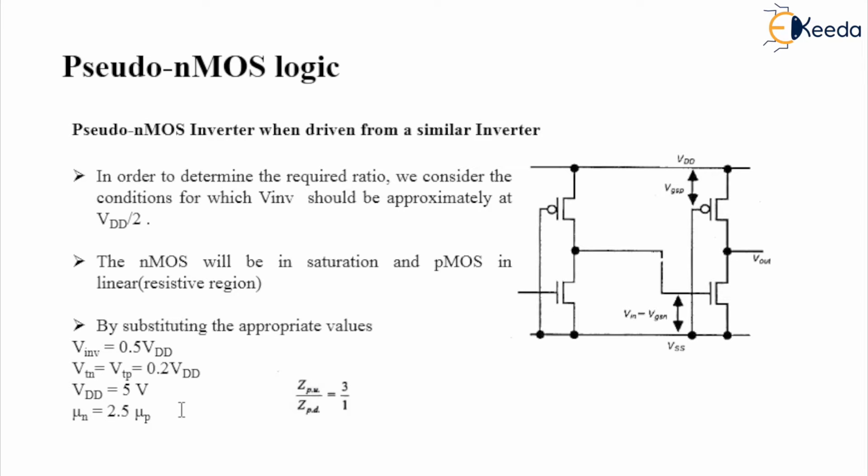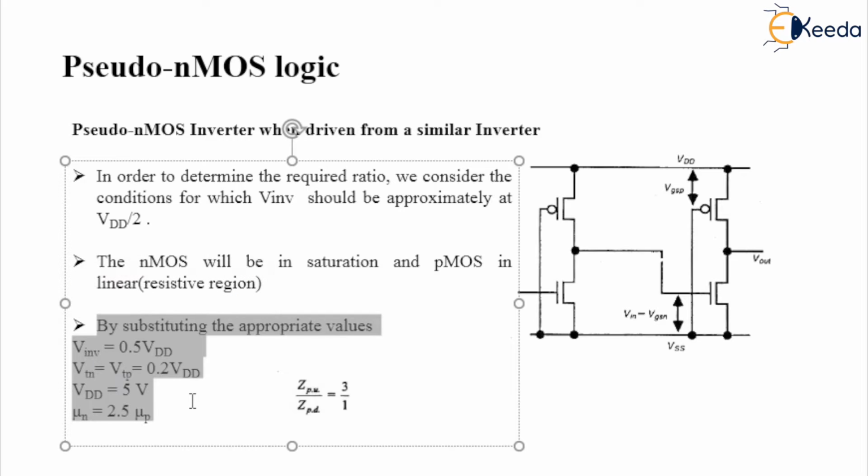By substituting typical values, which we studied in our VDS versus IDS relation, I am going to repeat the same thing here. In order to determine the ratio, we have to consider conditions for which the inverting voltage should be approximately equal to VDD by 2. When it is approximately VDD by 2, it will be in saturation itself.